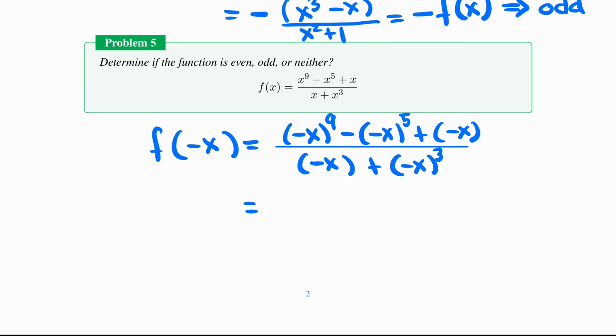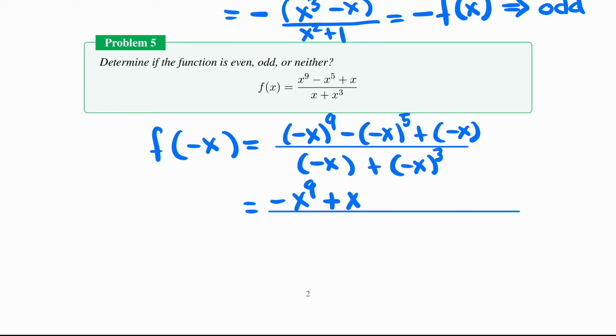All right, well, let's simplify each term and see if the negative goes away or if it comes on the outside. So at the top, first term on the top left, I have an odd power, so the negative comes on the outside. Next term, power of 5, that is odd, so the negative comes out, and it combines with the negative that was already there to get a positive.